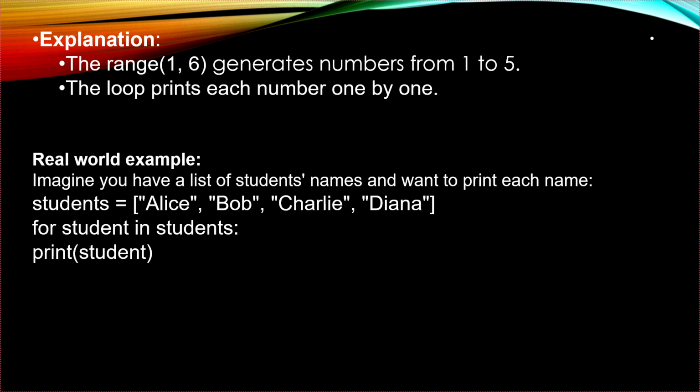You can see this is a list, with square brackets, and these are strings. Do comment in the comment section whether this is a list or a string. Okay, so we will just perform it.